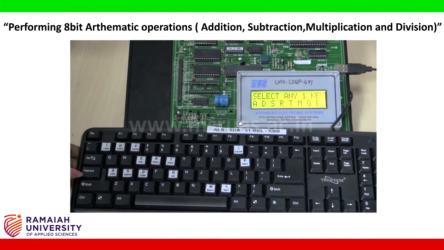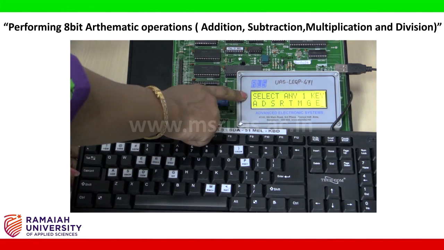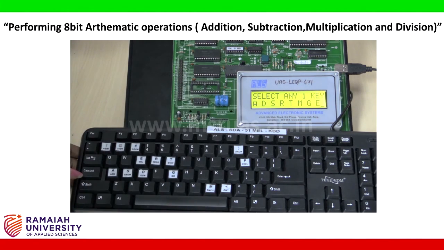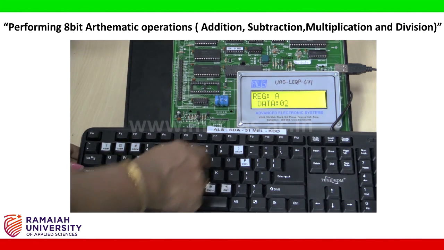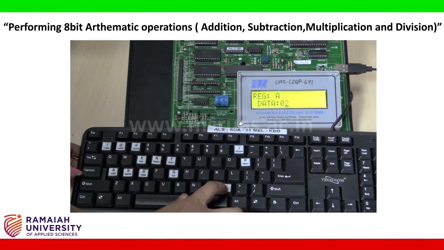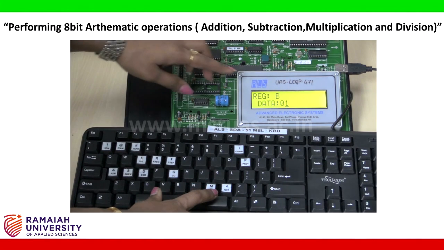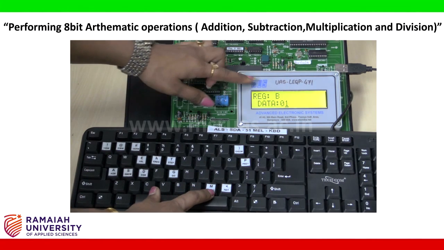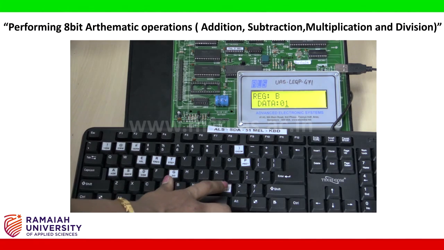Press enter again. It will tell you to select any one key. So press R. It shows which register. Give A. In A, our result is stored, and click on next so that you can see the quotient stored in A and the remainder stored in B.